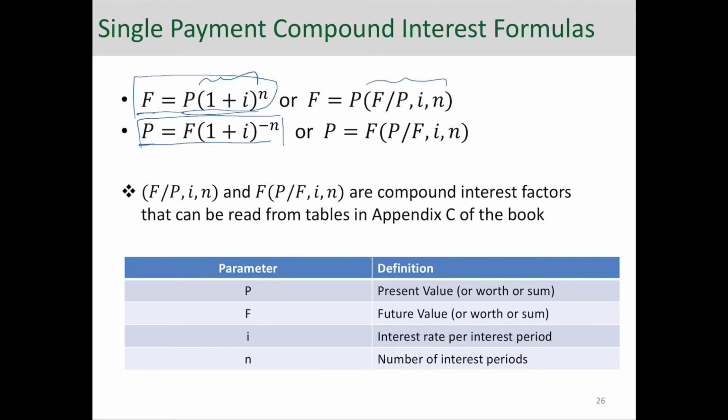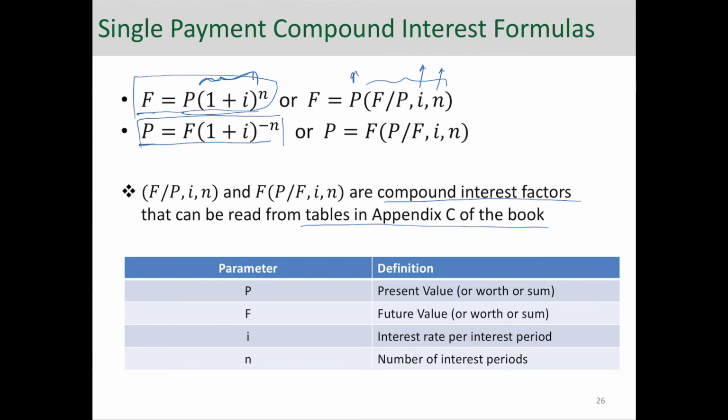These things here are called compound interest factors. And there are tables at the end of your book that essentially list these factors for you for different I's and for different N's. Because this part of the formula can be calculated for different interest rates for different years and then can be used in any example.